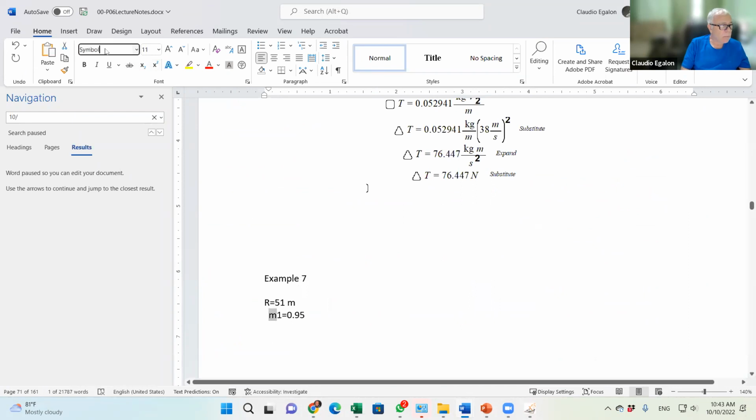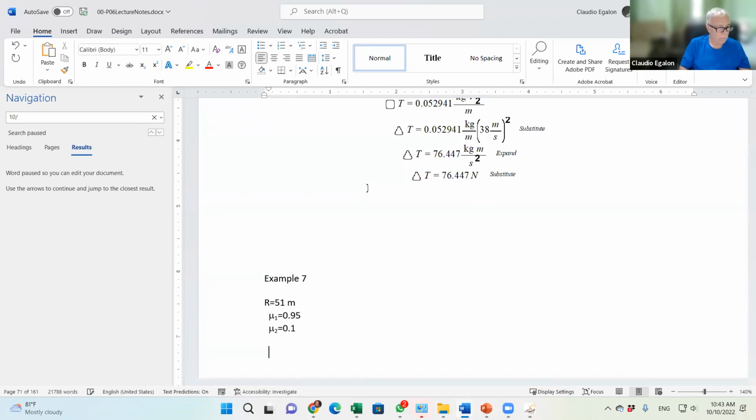Let me change to symbol, and this one is supposed to be a subscript. Go to the other one, under icy conditions. Find maximum speed.